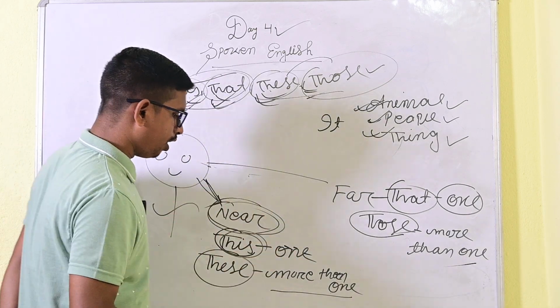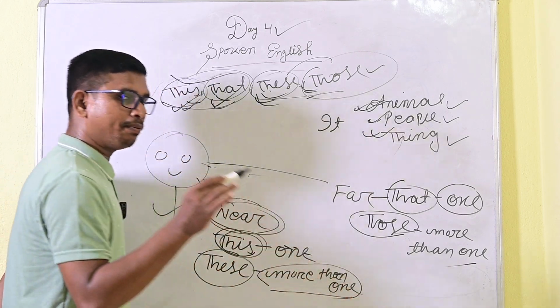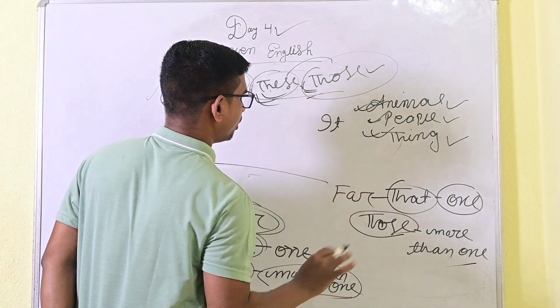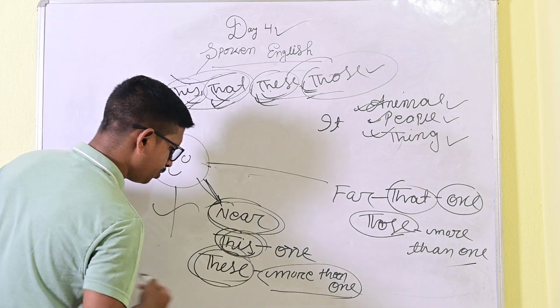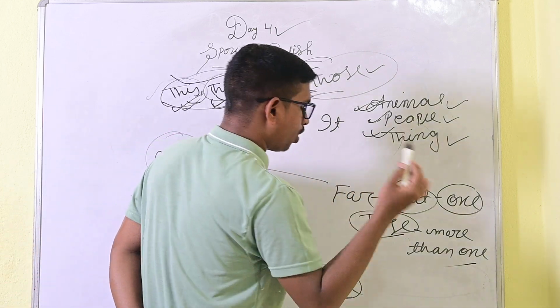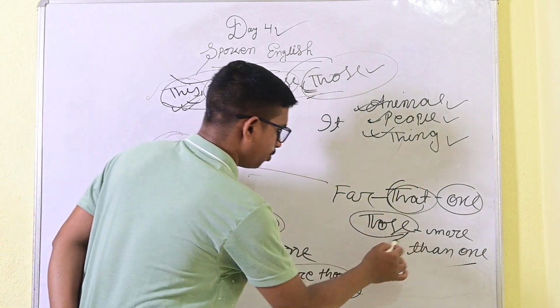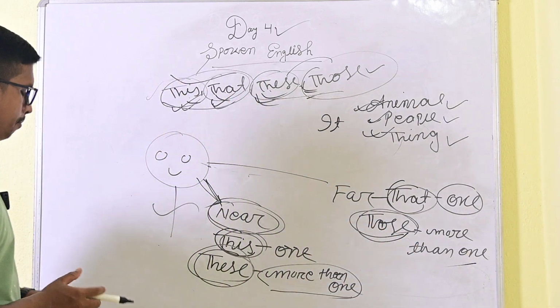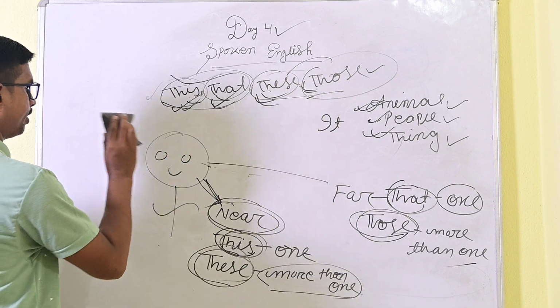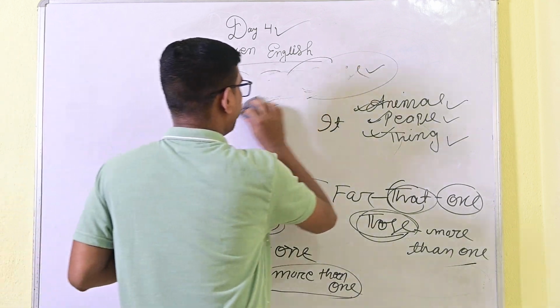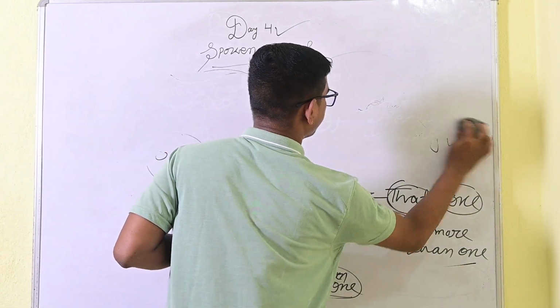When we talk about near and it is more than one, we use these. When you talk about far and it is one, we use that. And if it is more than one, we use those. I think you understood. Now we will take some examples, then we will understand where to use it.